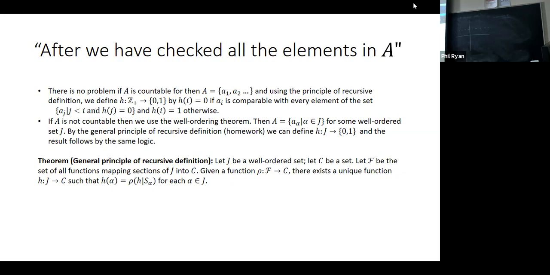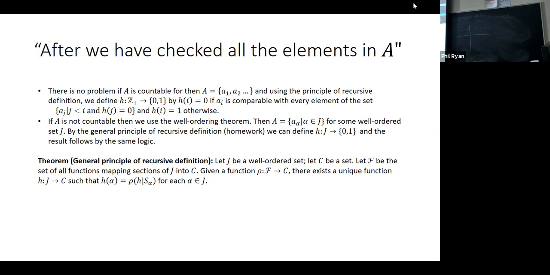And the proof then just follows straight away, because we have this theorem which says if we've got a well-ordered set J, C any set, and we let F be the set of all functions from sections of J into C, given a function rho from F to C, there exists a unique function H from J to C such that H of alpha is rho of H restricted to that section.